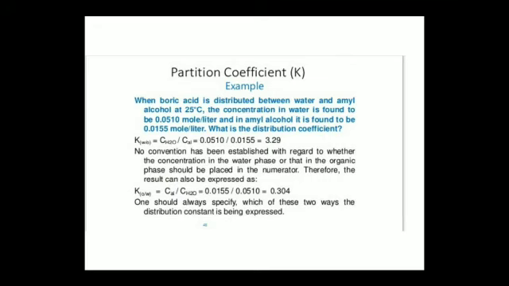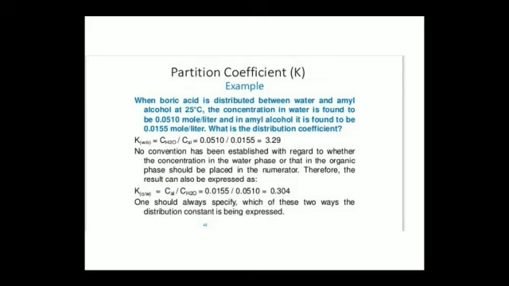Based upon the direction, the partition coefficient values also change. For the distribution coefficient between water to oil, it is C water by C amyl alcohol, equal to 0.0510 by 0.0155, equal to 3.29.